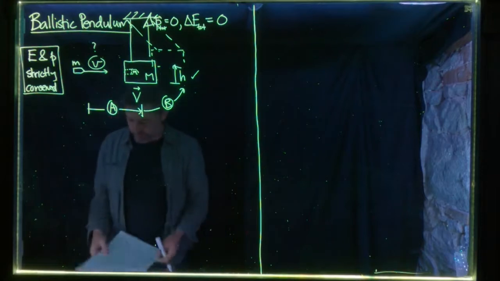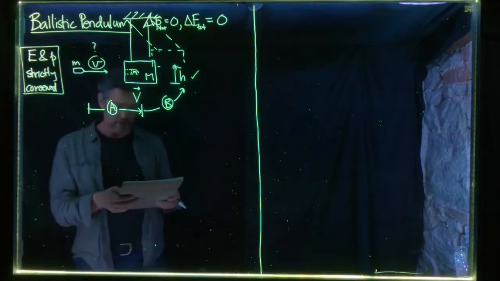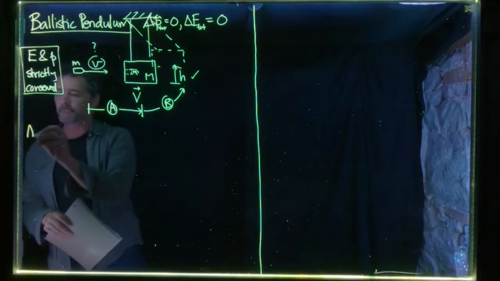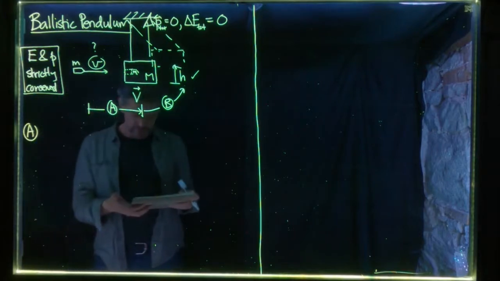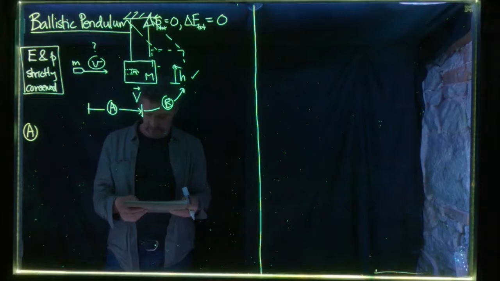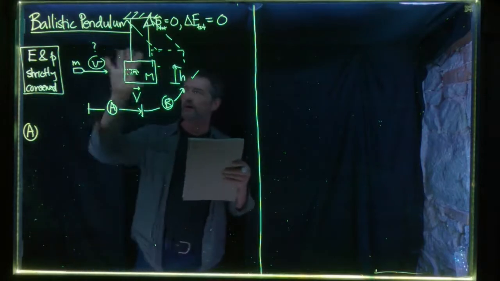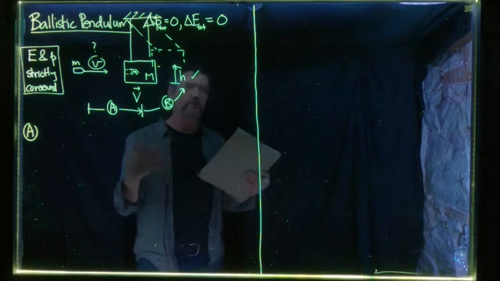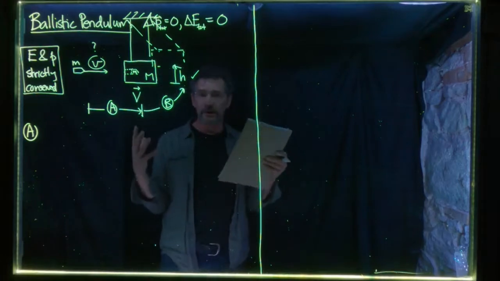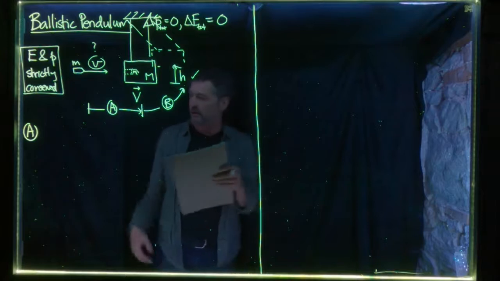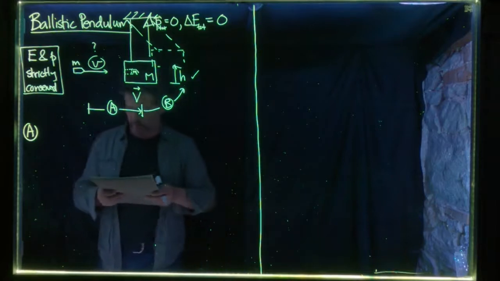Okay, so the first part is part A. So this is a one-dimensional problem. We'll take the x direction to the right, and instead of writing vectors or x components of vectors, we'll just write it as p. And that really means p_x, the x component, or p total x.